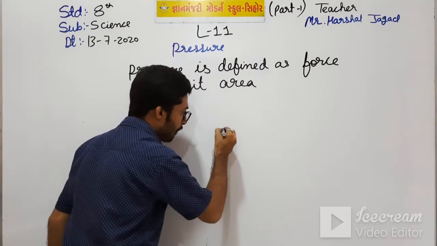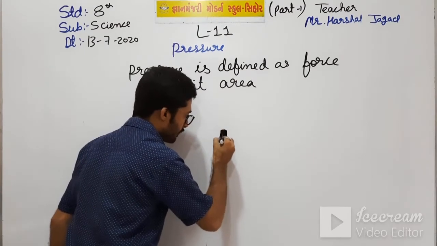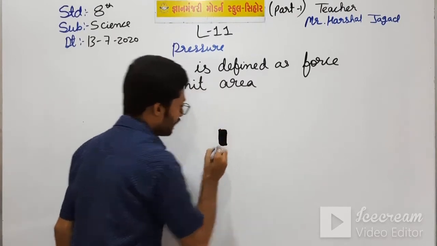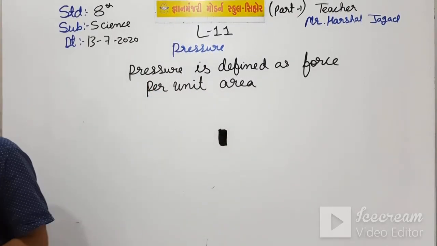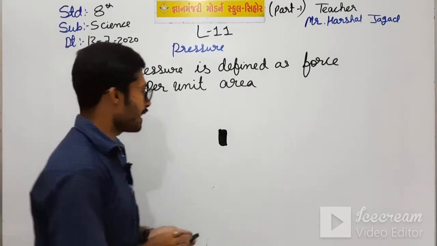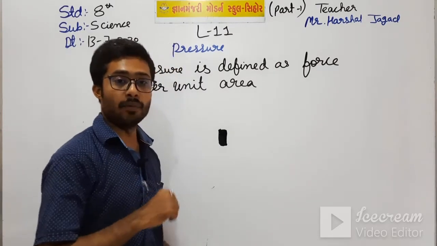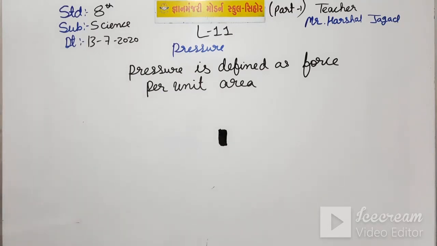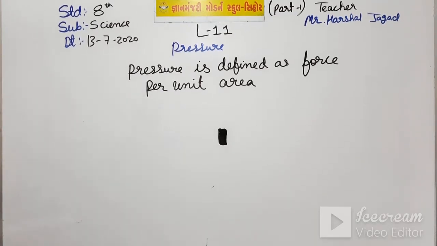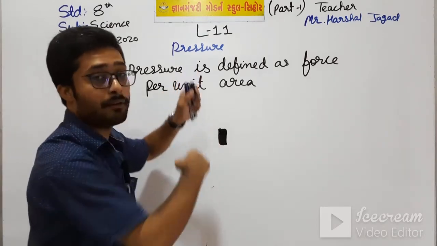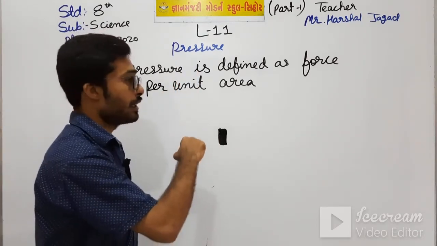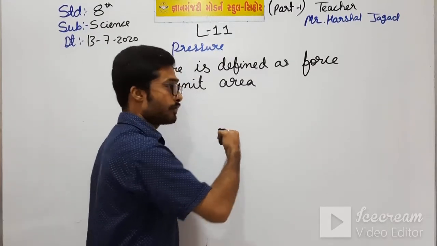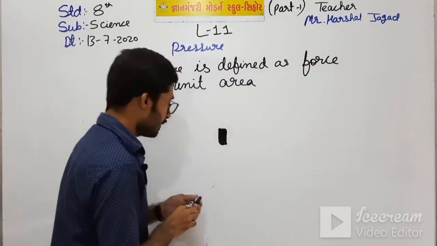Here I apply the force, but the board is a hard substance, so it will not go back. As I said about the book, the book goes back when I apply force in some areas. So I have applied the force with my hand on the board in this area.